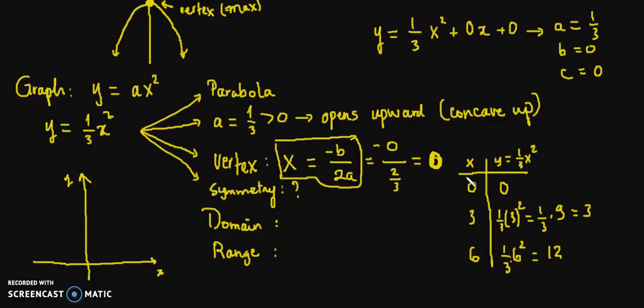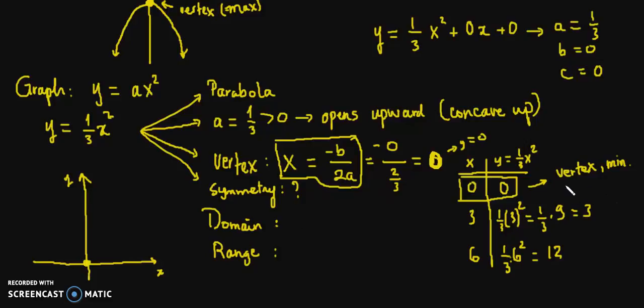So when x equals 0, I find y also equals 0. So 0, 0 is, in this case, the function's vertex, right? It is also the minimum point.